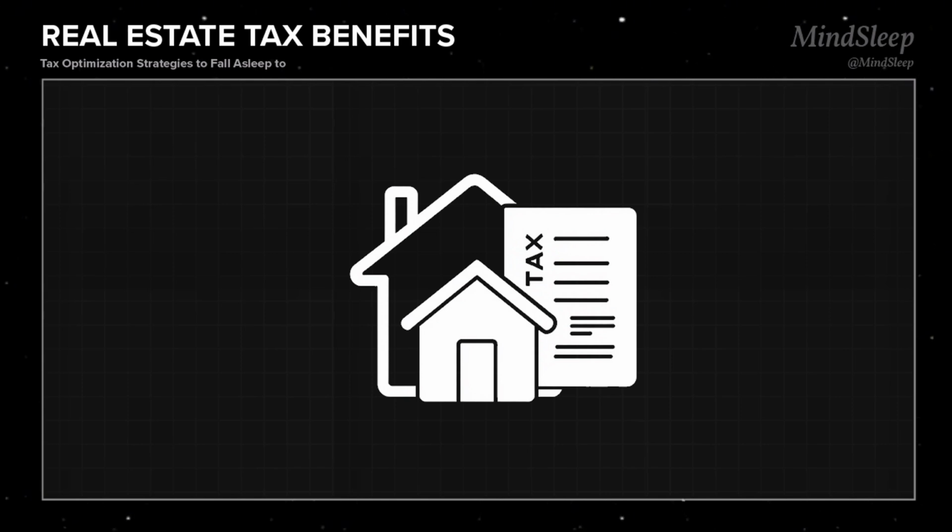Imagine you've owned a small apartment building for several years, and it has appreciated significantly. If you were to sell it outright, you'd be facing a substantial capital gains tax.